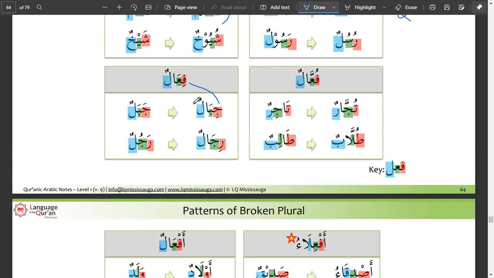Fi'alun, jibalun. So jibalun is on the pattern of fi'alun. Ya is ain and lam is lam. Rajulun, rijalun. This is the same pattern. Rijalun. This is pattern number 3.